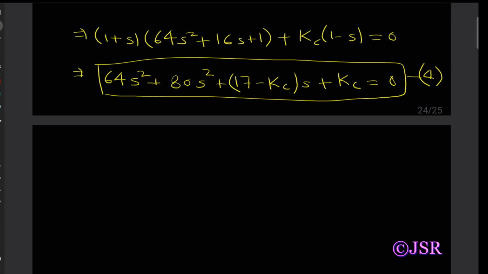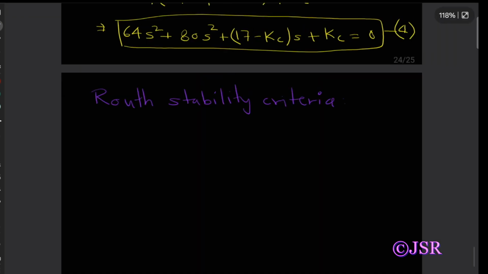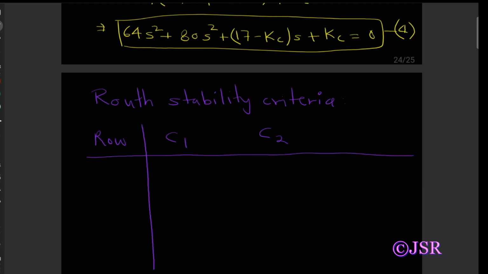So here we will use Routh stability criteria. We will make the Routh array. The first column is row, and then we have column number 1, and then column number 2.